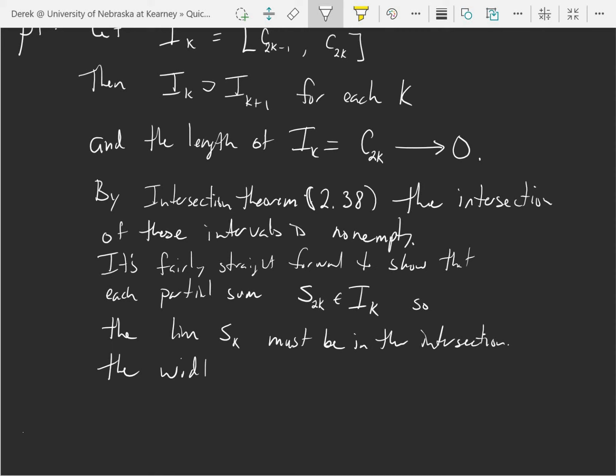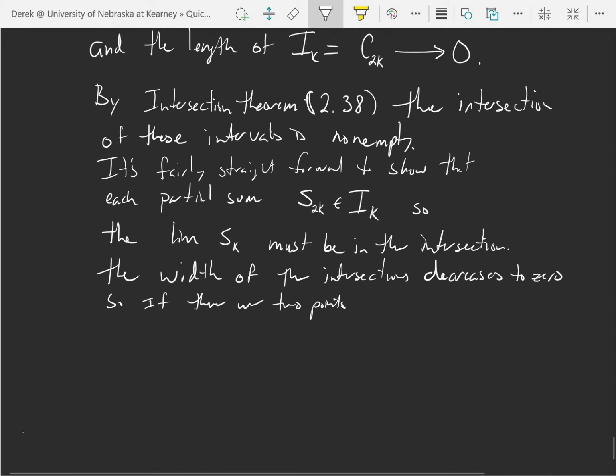The width of the intersections decreases to 0. So if there were 2 points, say epsilon apart, they would eventually not be in all the intersections.